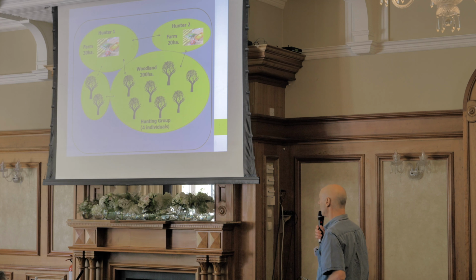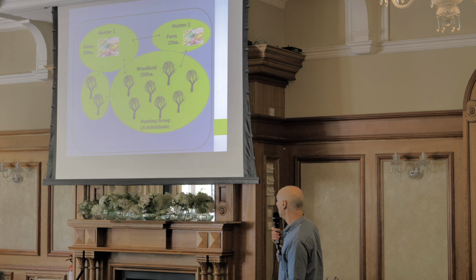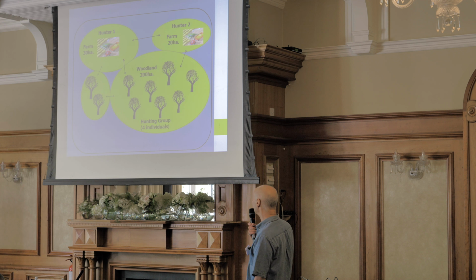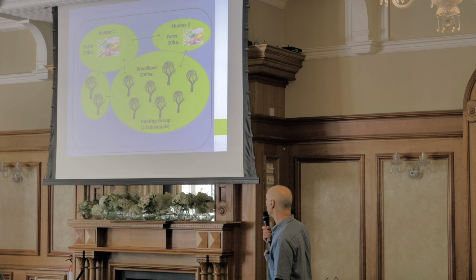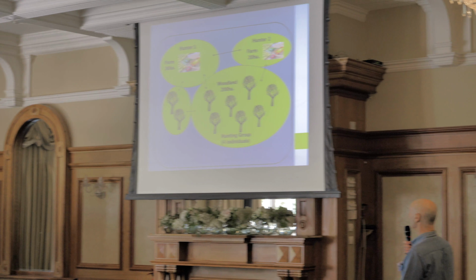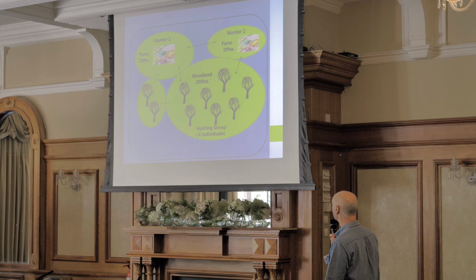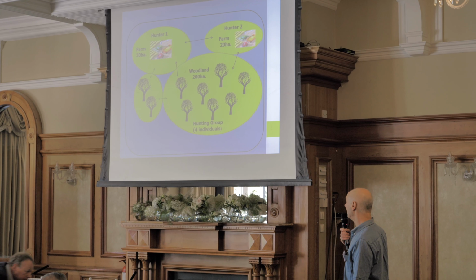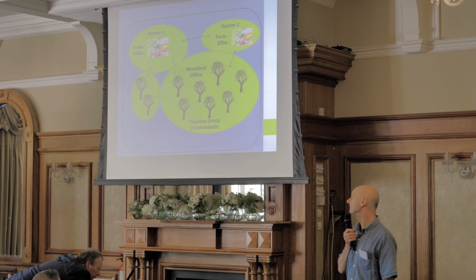These habitats are occupied by deer, and unfortunately, we have a historical system where, in the top left-hand corner, you have a hunter shooting deer on a farm. You have another hunter shooting deer on another farm, and then you have a group of perhaps 3 or 4 individuals hunting deer in a woodland.